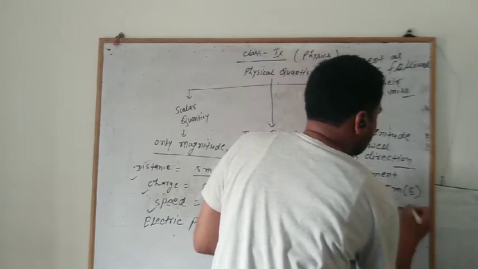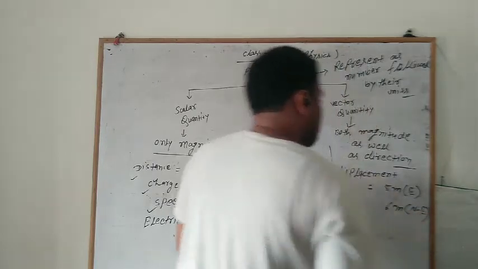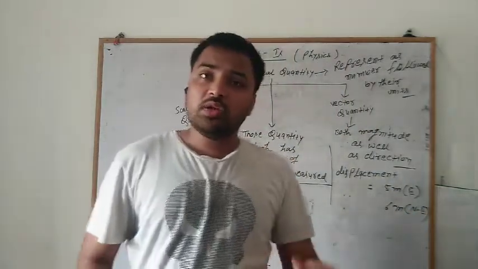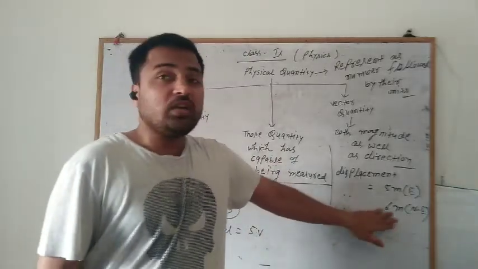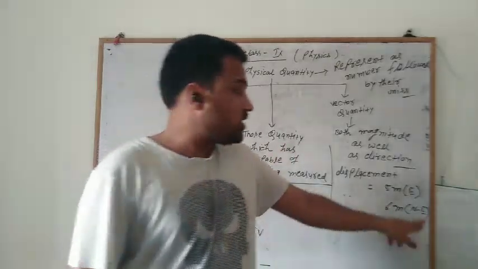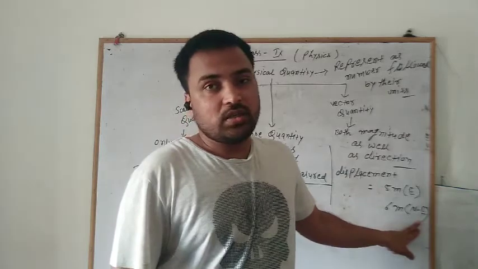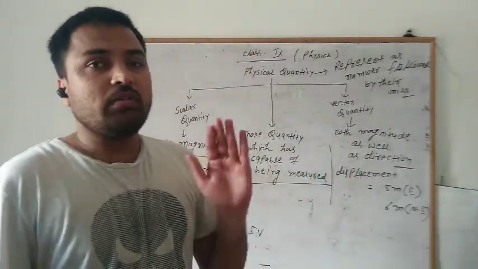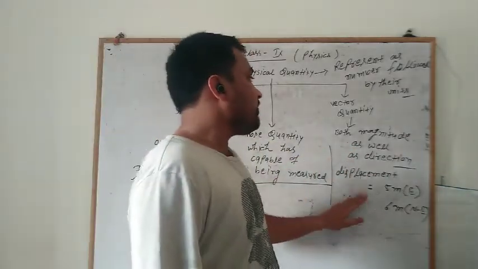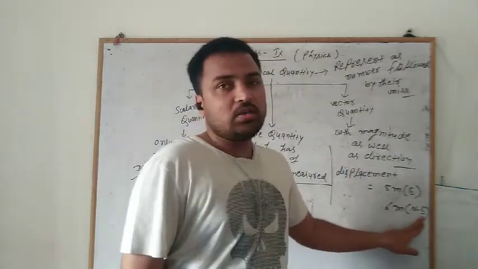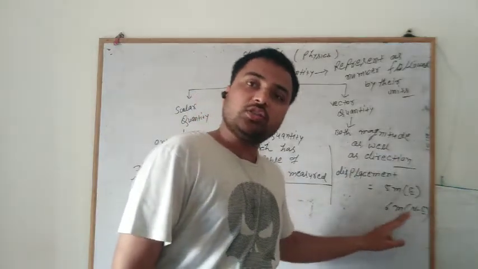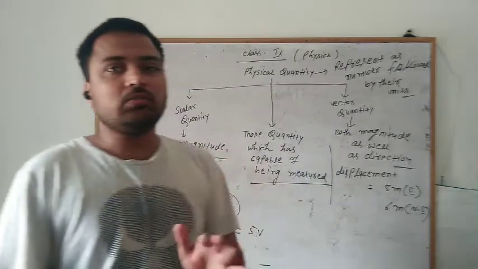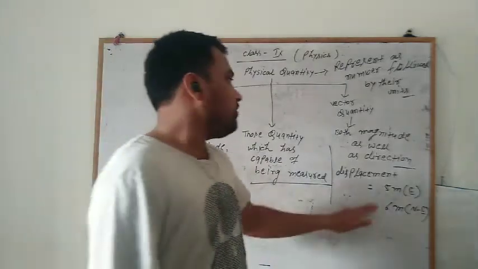If we write 6 meter in the northeast direction, it means the body is displaced 6 meter in a specific direction, and that is the northeast direction, right? So that is called a vector quantity. A vector quantity has magnitude as well as direction. The direction is associated with the magnitude. There is always a direction associated with the magnitude.